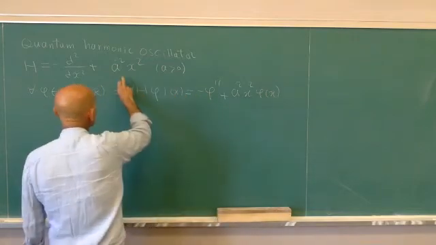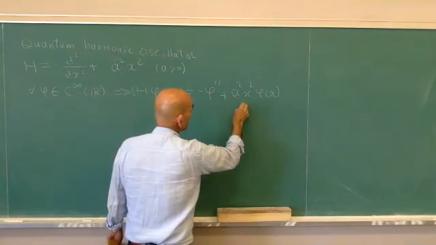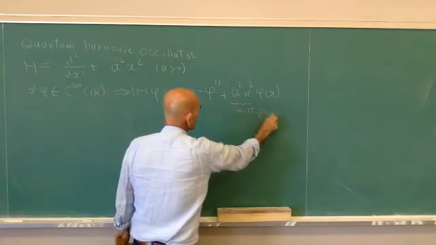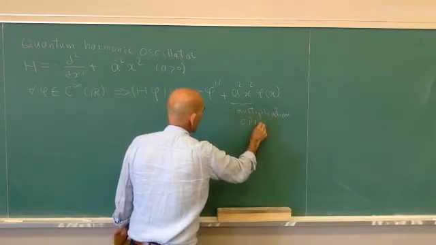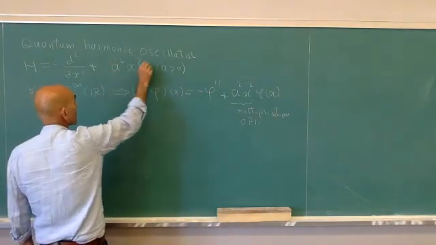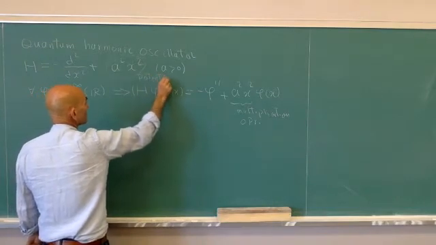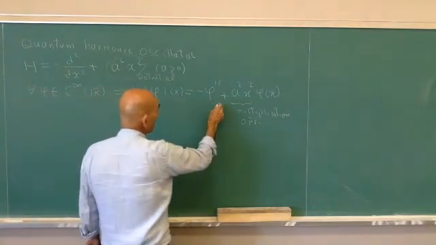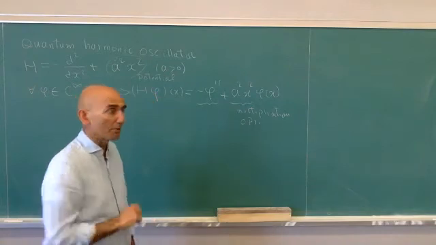This part is called the multiplication operator, and this term is usually called the potential. And this term is, of course, just the Laplacian on the line, right?